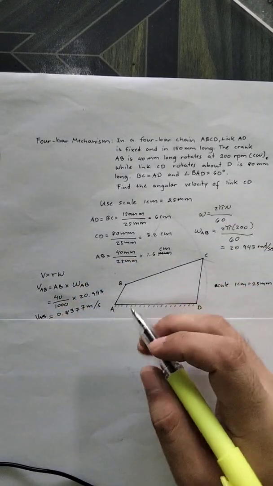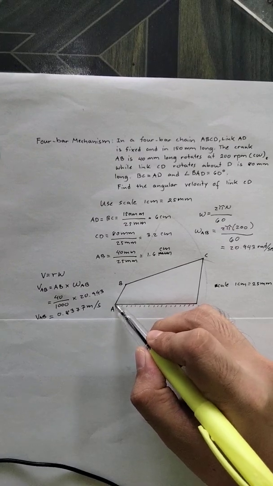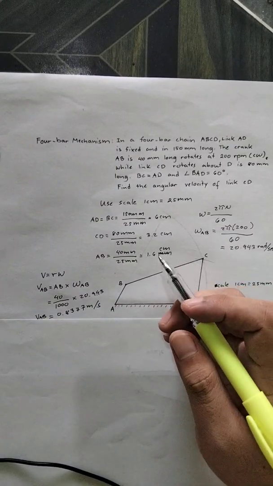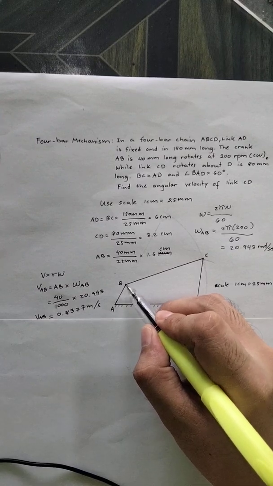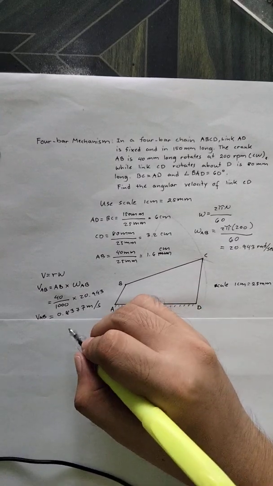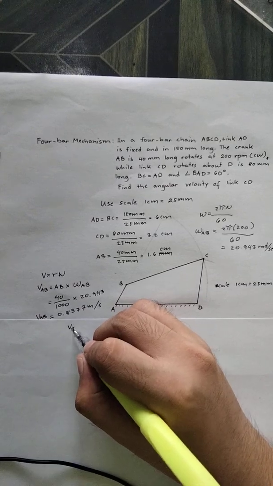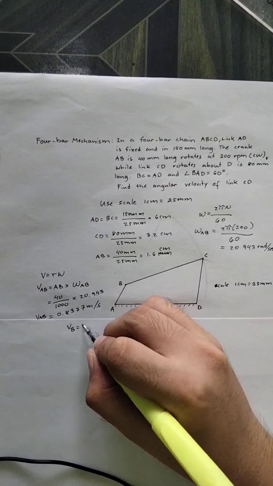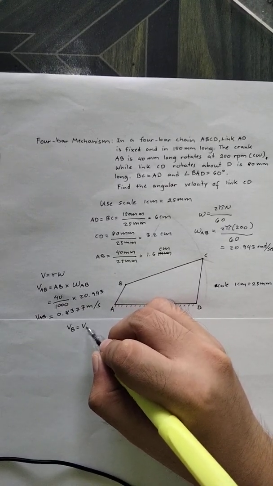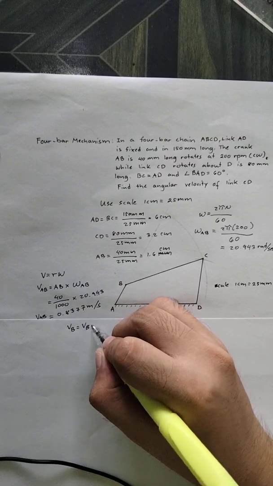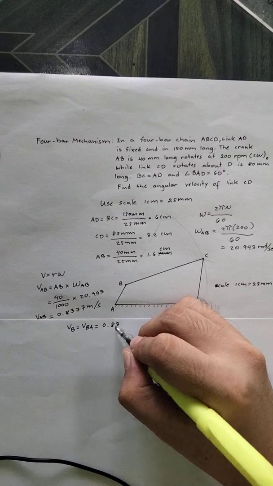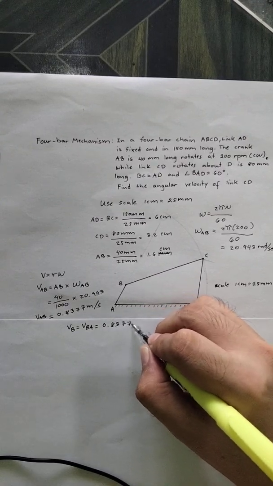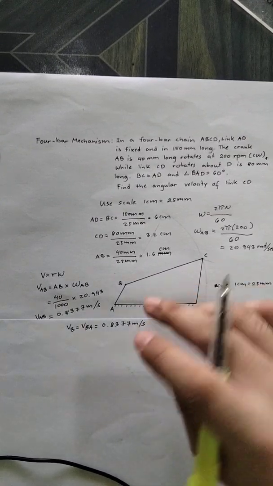We know that point A has zero velocity, so the speed of point B is absolute. So we can say that the velocity of B is equal to the velocity of B relative to A, equal to 0.8377 meter per second.